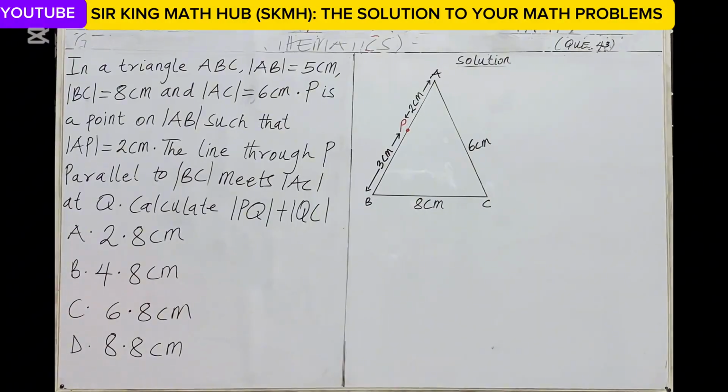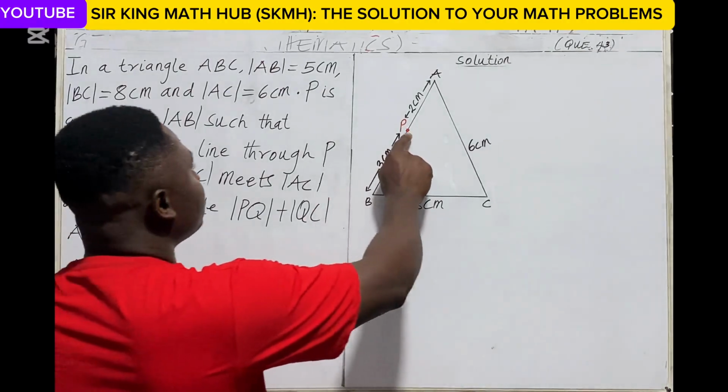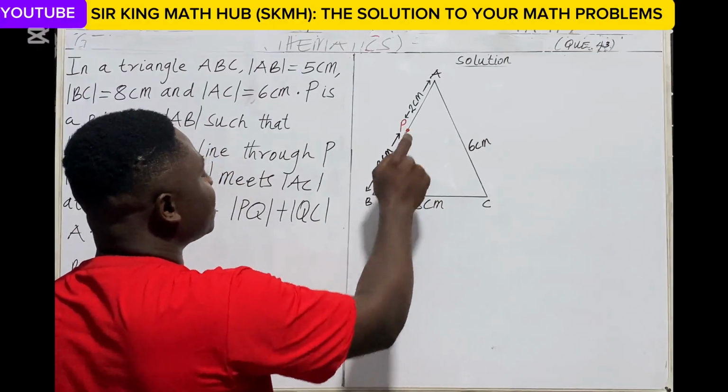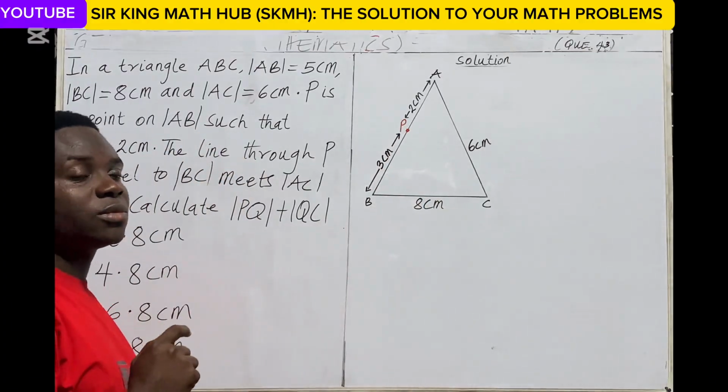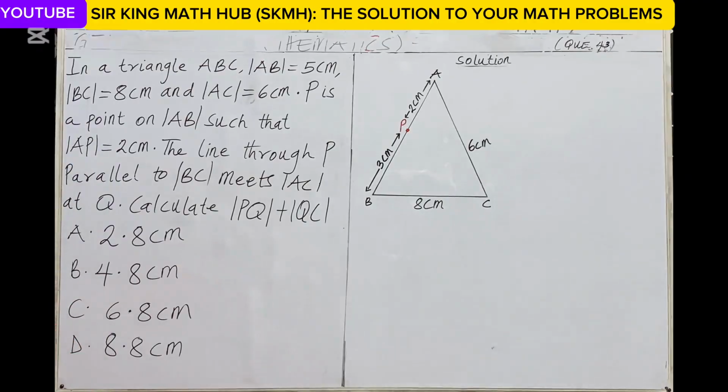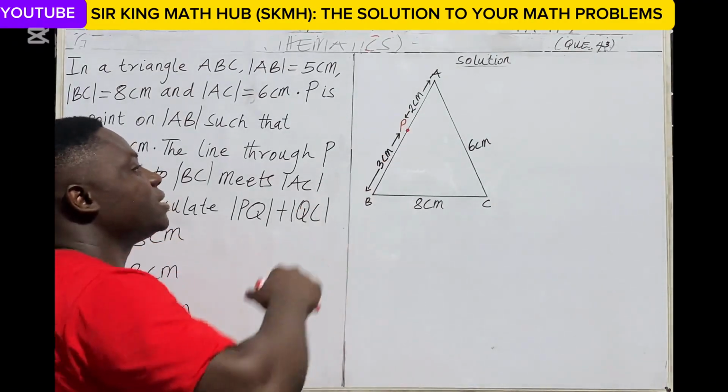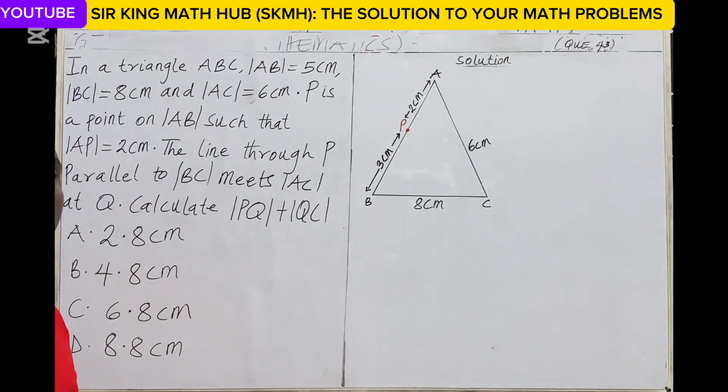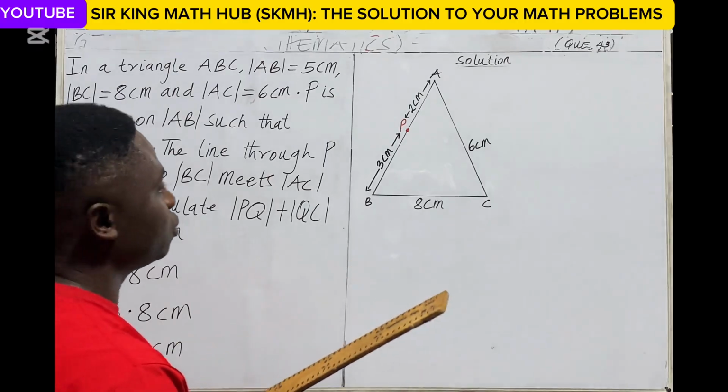So now the line through P is parallel to line BC, meets line AC at Q. So there is a line that passes through point P, but this line is parallel to line BC. If it's parallel to line BC, then it means that they move in the same direction. And again, this line also meets line AC at point Q. So let's illustrate that.